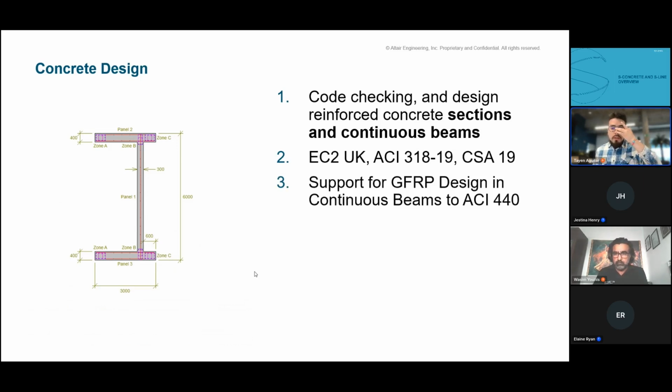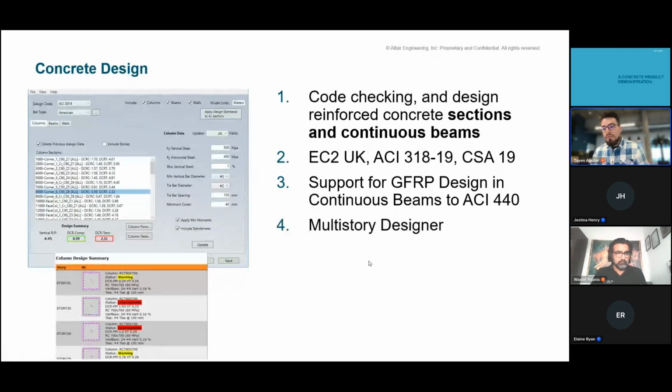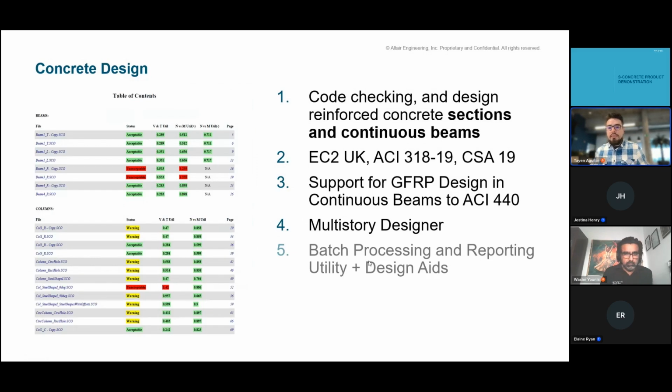continuous beams, we have GFRP design, which is for beams reinforced with fiber, with the specific code of the ACI 440. Along with this, we have a very powerful multi-story designer, which allows you to bring all of your model information from ETABS and batch design all of your elements, such as columns and piers, the beams, code check them, and export them very easily.